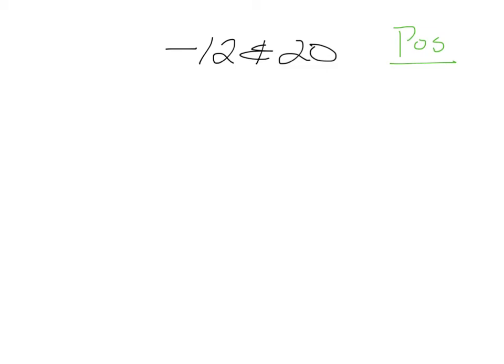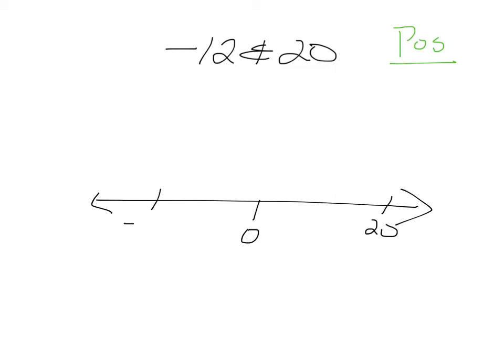So if you were to think of this on a number line, where these numbers are situated, we have our number line. In the middle we have 0. And over on the right we'd have our 20. And somewhere on the left would be negative 12. So we want to know what is this distance between the two. So to do that, we want to first look at how far away is negative 12 from 0.